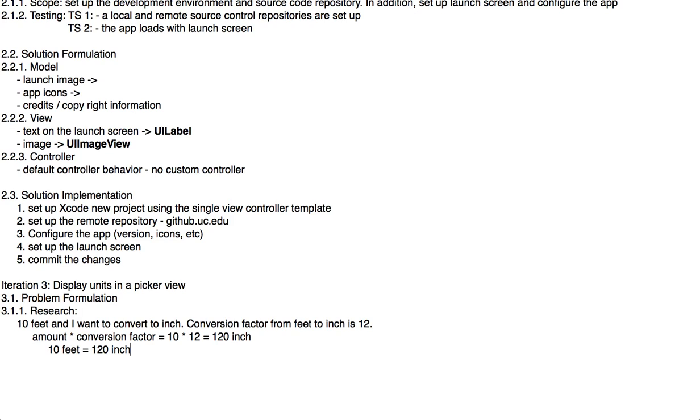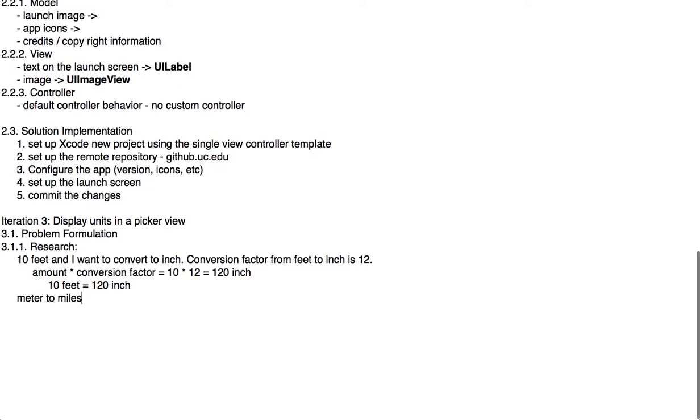So using this simple way, how can I go about converting from any unit to the other? How about if I want to convert from meter to miles? I need to find the conversion factor, but each unit will have a different conversion factor. But if I say I'm going to convert through a two-step process, the first step is convert from any unit to inch.